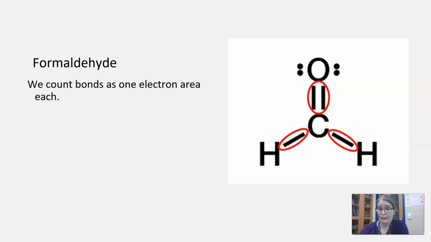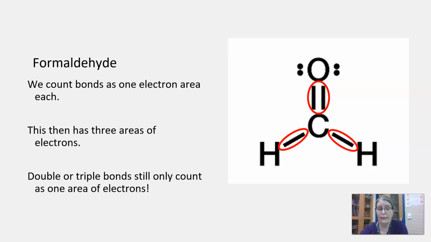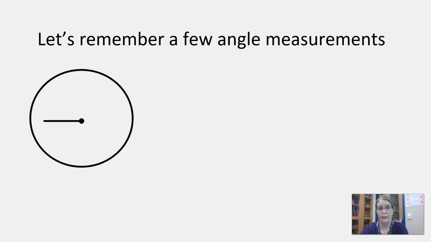All of those bonds are equally one area of electrons. So this molecule has 3 areas of electrons. Double bonds or triple bonds don't count extra in VSEPR theory. They only count as one area of electrons because they're still overlapping between the same 2 atoms.